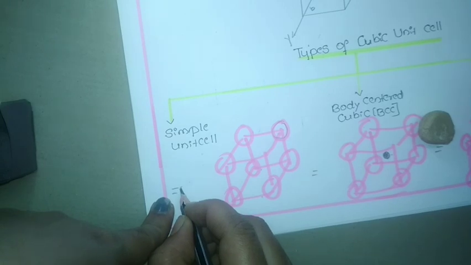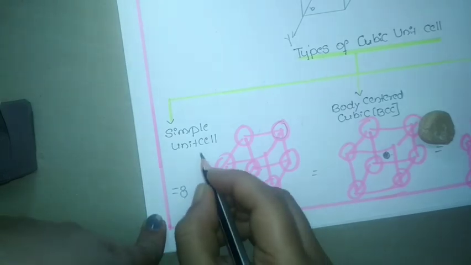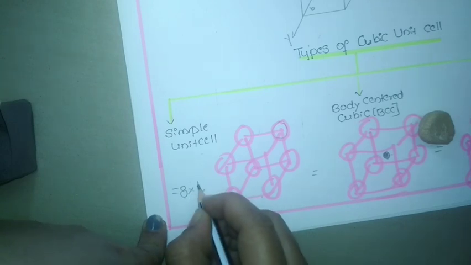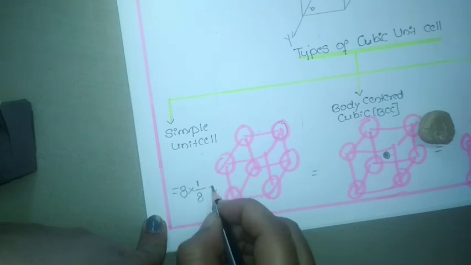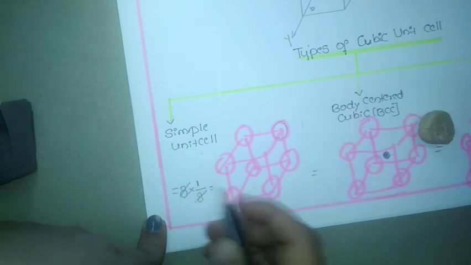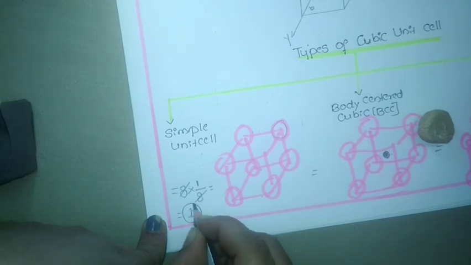So can I say the number of atoms will be calculated like this. Totally how many atoms are there? 8 atoms at the simple unit cell, where each atom is shared with how many unit cells? 8. So if I cancel 8 over here, 1 will be the answer.